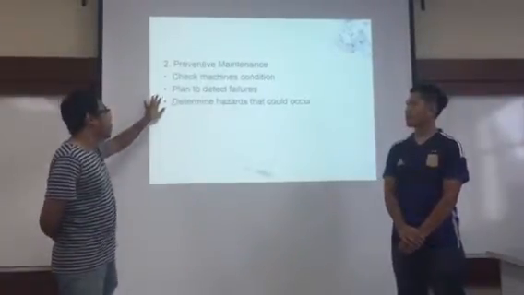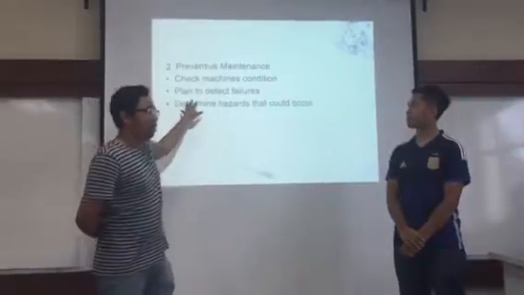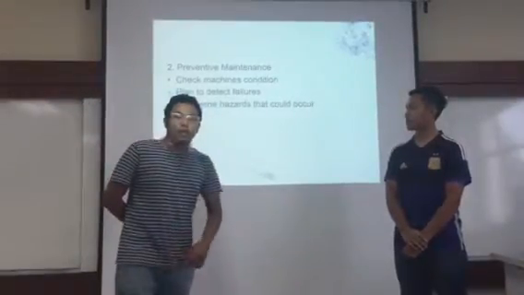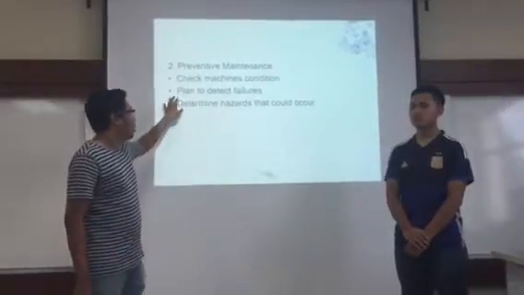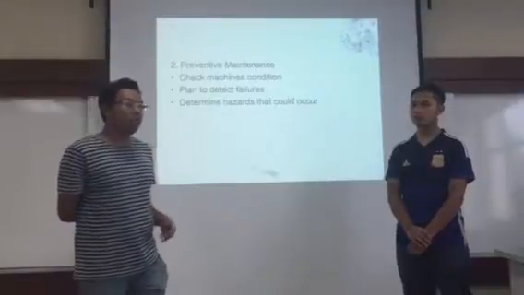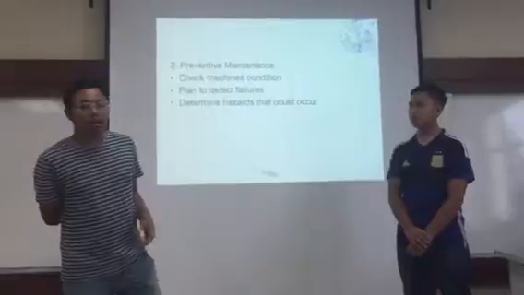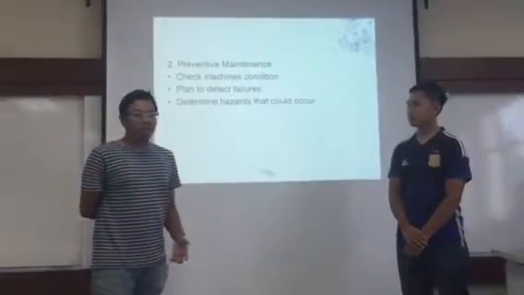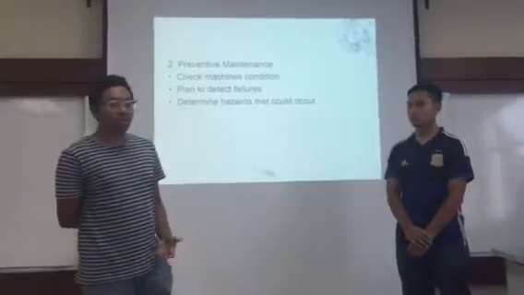The second one is to plan to detect failures. This is normally done by the safety officer, where they will plan a specific routine so that the machine is well maintained and will be least harmful to the workers when they use it.